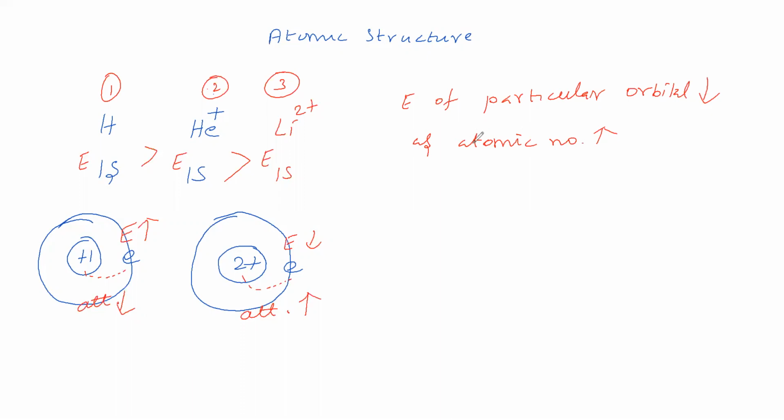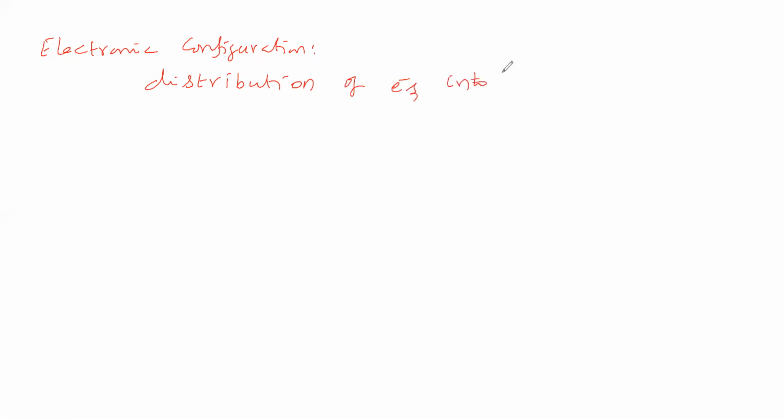Next we will go to electronic configuration. Electronic configuration tells about the distribution of electrons into various orbitals.